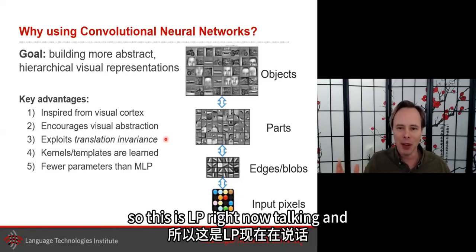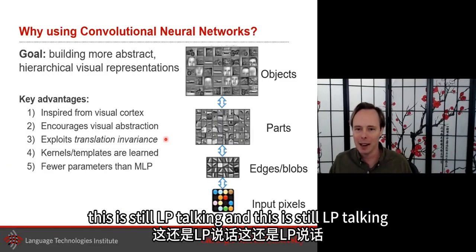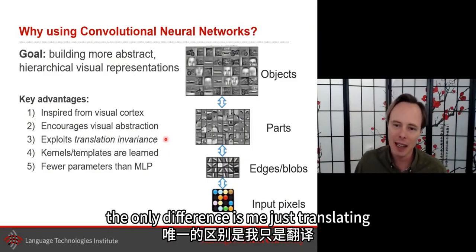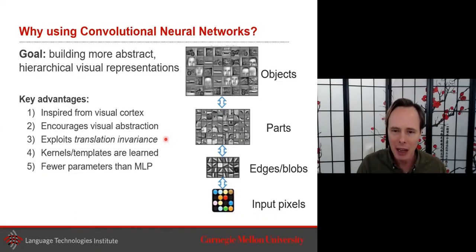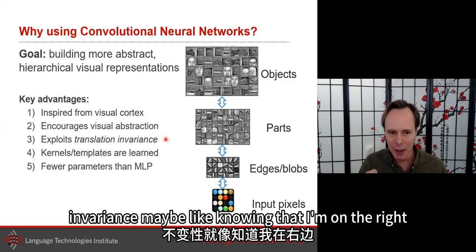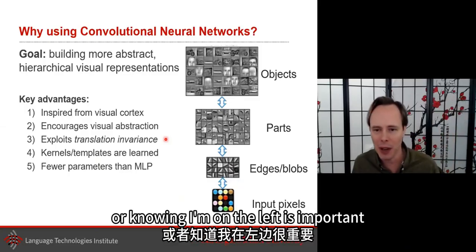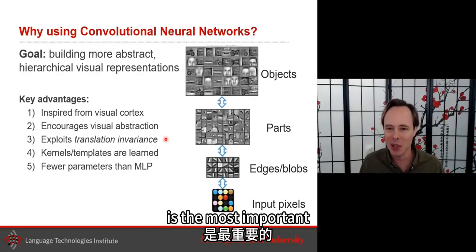So this is LP right now talking, and this is still LP talking. The only difference is me just translating. And so although for some applications, translation invariance, like knowing that I'm on the right or knowing I'm on the left, is important, in many cases just knowing that it is LP is the most important.